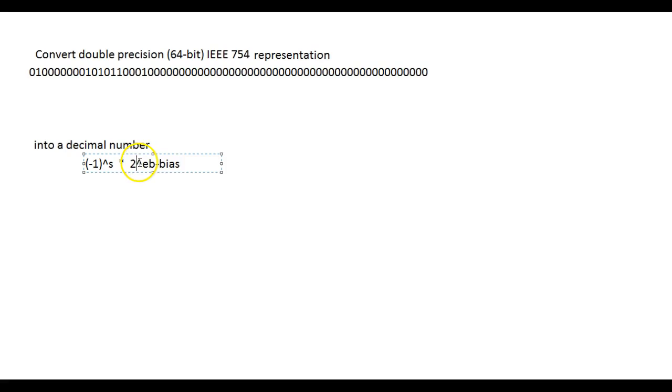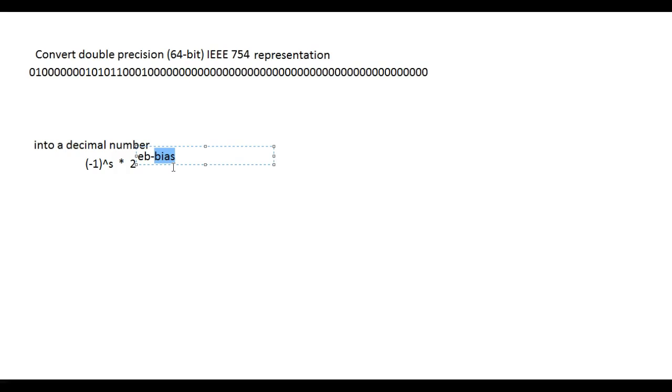I can put that a little easier to read as an exponent, EB minus bias. Just so you know, this bias number in 32-bit representation is 127, but in 64-bit representation we have more space available for the exponent.